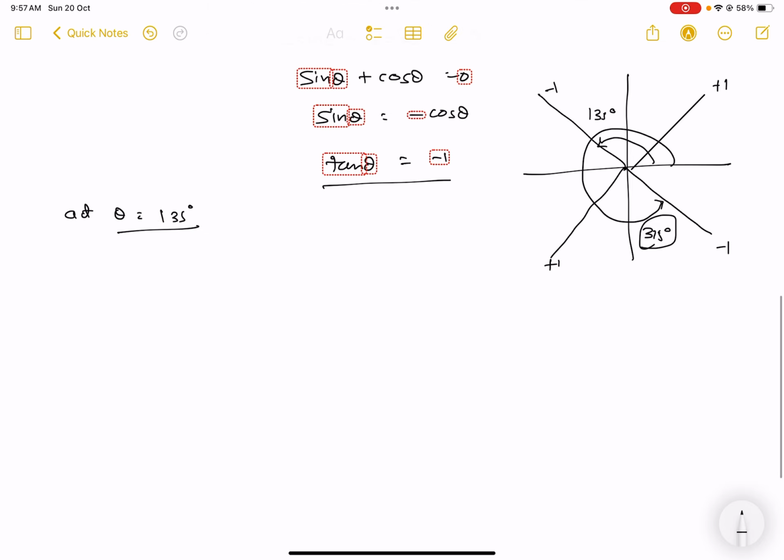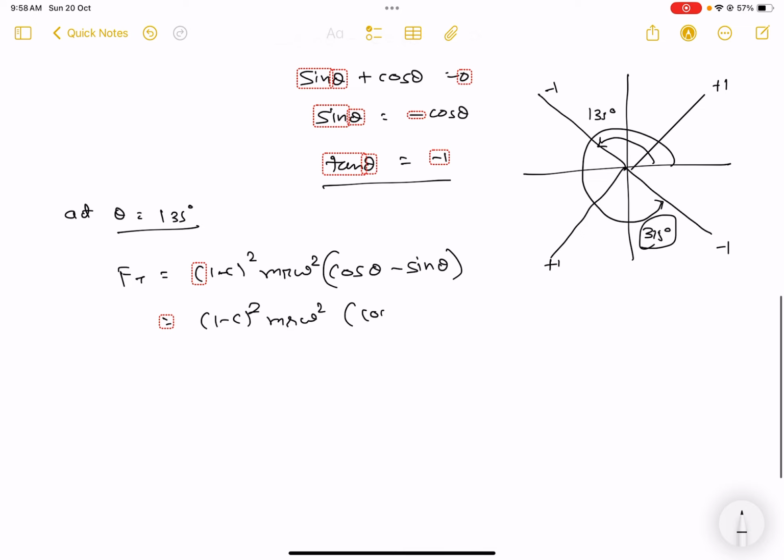Ft is (1 minus c) square mr omega square (cos theta minus sin theta), so this will be (1 minus c) square mr omega square (cos 135 minus sin 135).